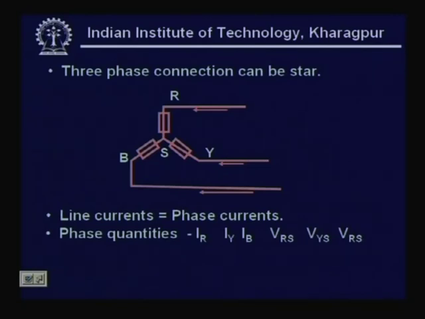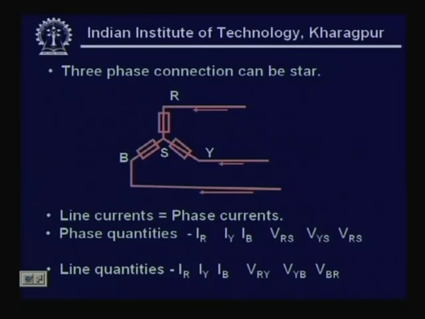Needless to mention at this point that these are analyzed using complex algebra, because each of these quantities in AC has both magnitude and phase. So we have phase quantities as IR, IY, IB, and the phase voltages as VRS, VYS, VBS, and line quantities as IR, IY, IB, VRY, VYB, VBR.